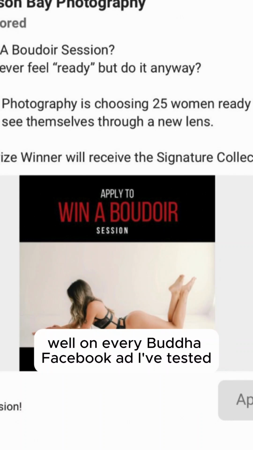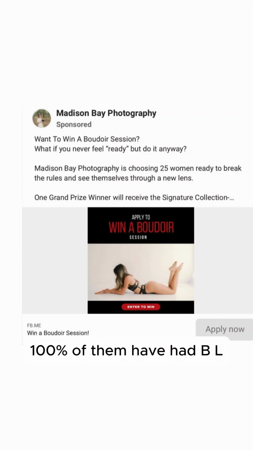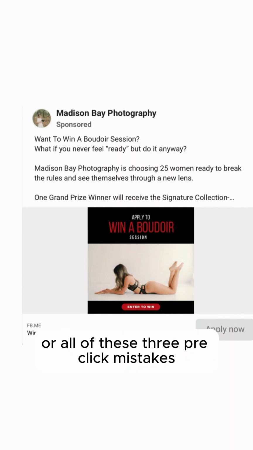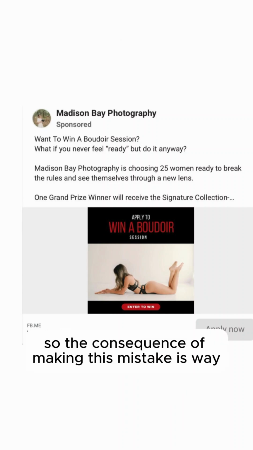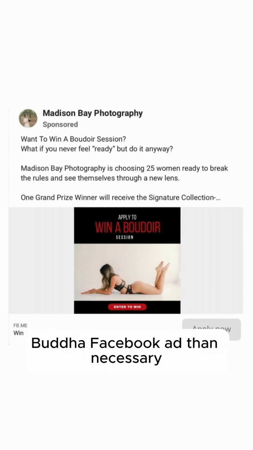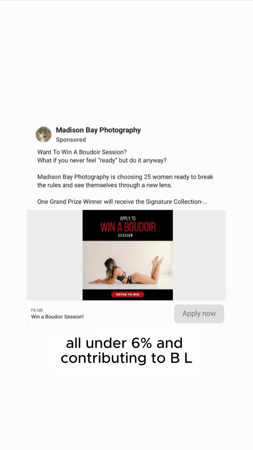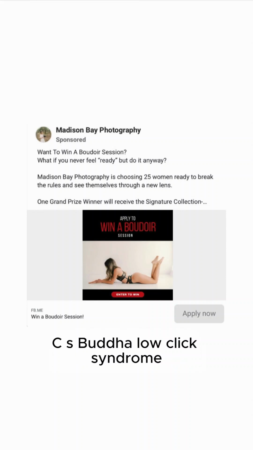Well, in every Boudoir Facebook ad I've tested and the backends I've looked at, 100% of them have had BLCS, Boudoir low click syndrome, because they're making some or all of these 3 pre-click mistakes. So the consequence of making this mistake is way more women scrolling by our Boudoir Facebook ads than necessary, pulling our unique CTRL under 6% and contributing to BLCS, Boudoir low click syndrome.